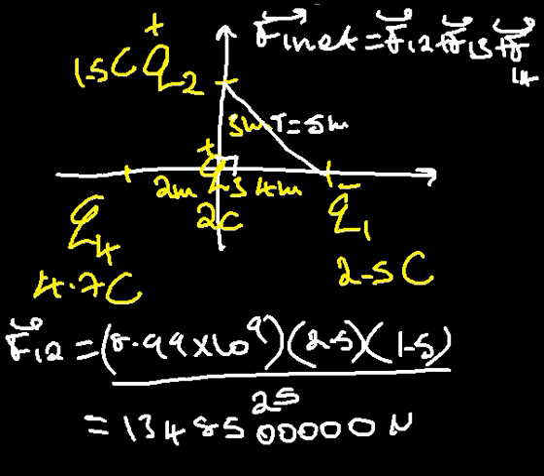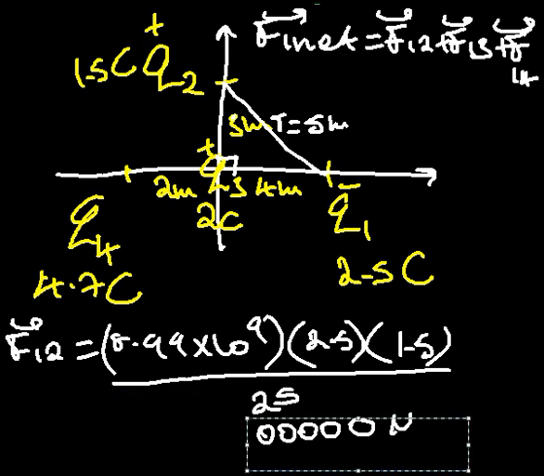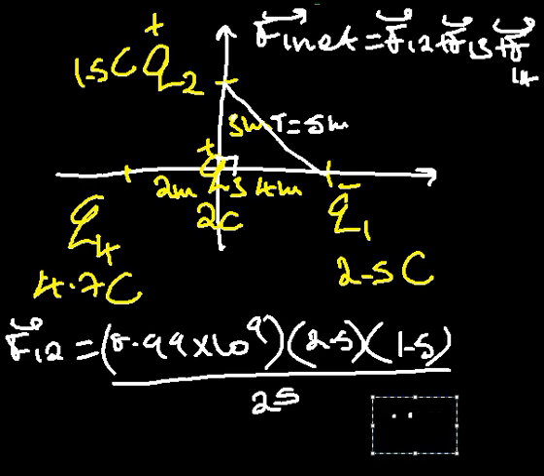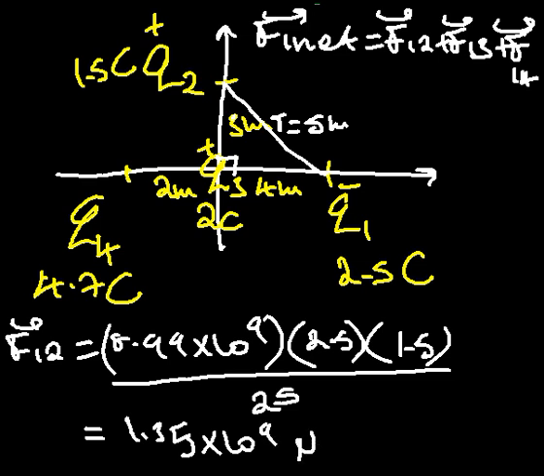But let me have it in scientific notation, because it seems to be very inaccurate. So we have it as 1.35 times 10 to the power positive 9 newtons. That is F12, 1.35 times 10 to the power positive 9 newtons.